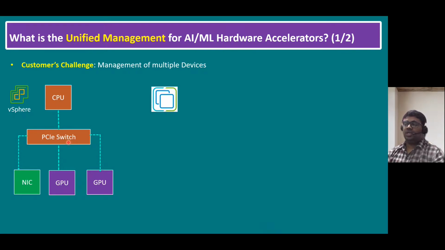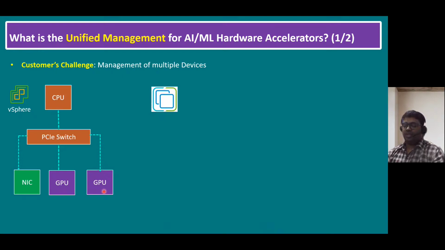From the PCIe switch, we can access all our PCI pass-through devices, which include the network interface card and multiple graphical processing units (GPUs). This is how it's connected in vSphere 7. But the challenge is whenever we want to access devices through the PCIe switch, we access the NIC and each GPU individually. That is the usual procedure in vSphere 7.